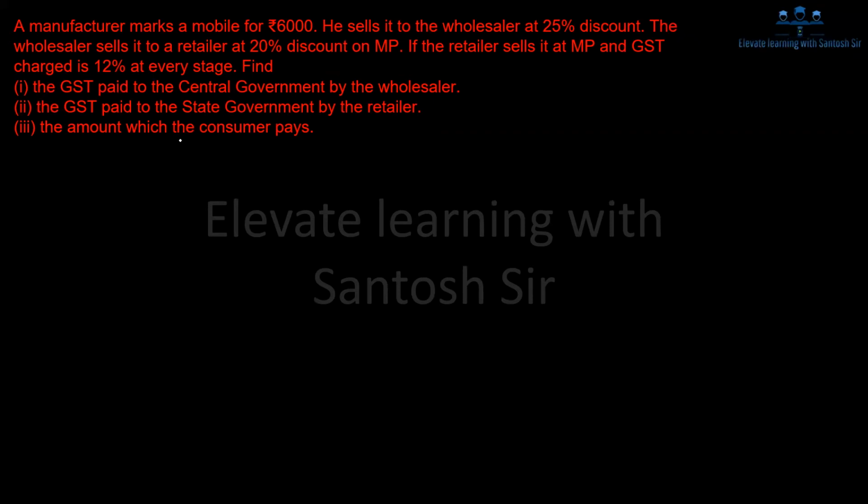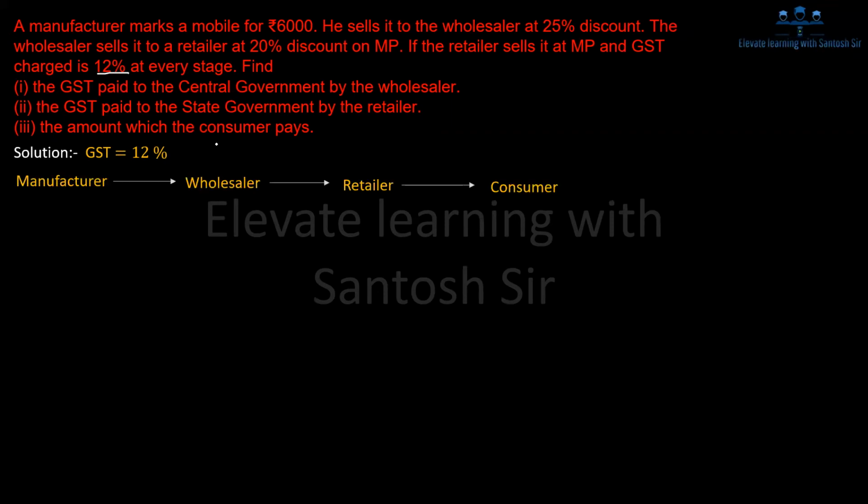Let us first try to build the chain. We know that GST over here is 12%. Now, how many people are there in the chain? There are four. Manufacturer sells it to the wholesaler, wholesaler sells it to the retailer, and retailer finally sells it to the consumer. Now, manufacturer is marking the mobile phone for rupees 6000, but he is not selling it at 6000.